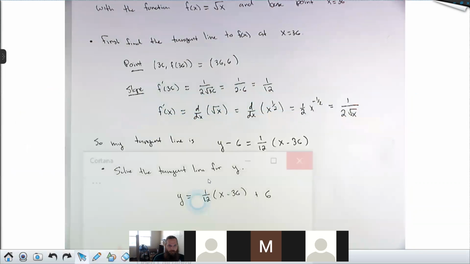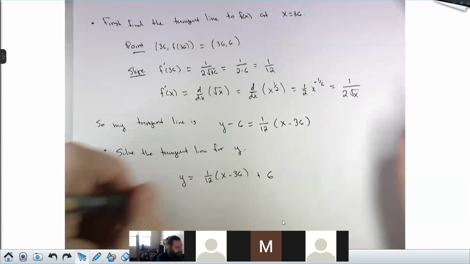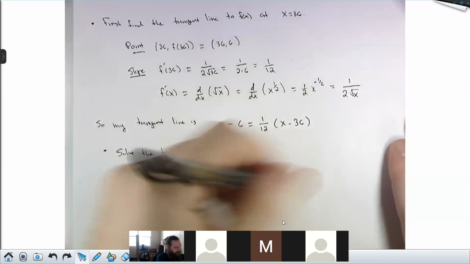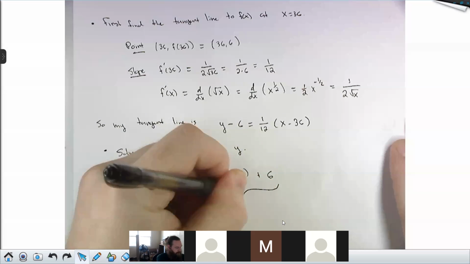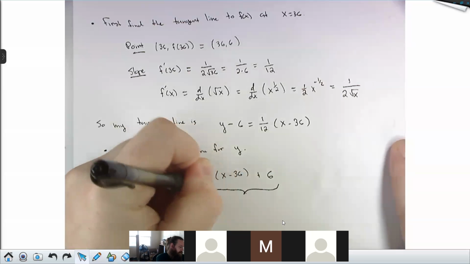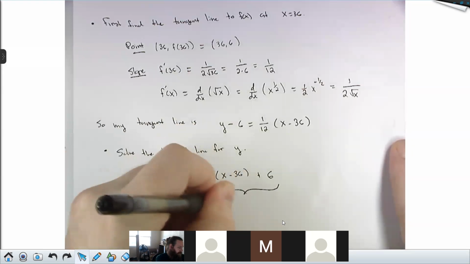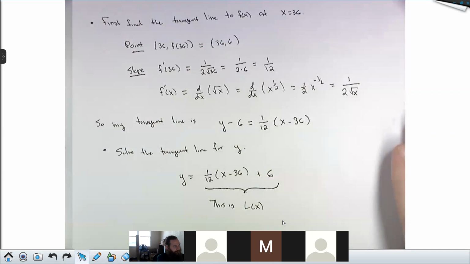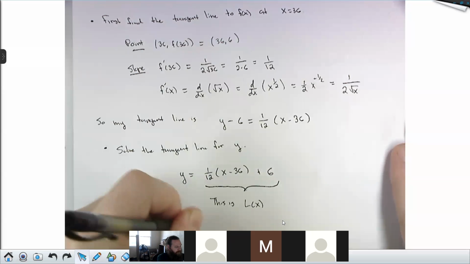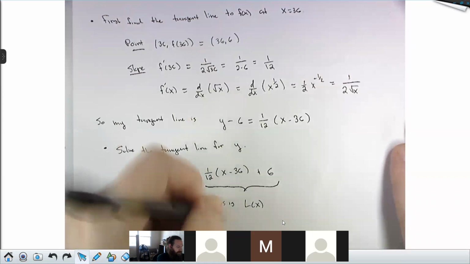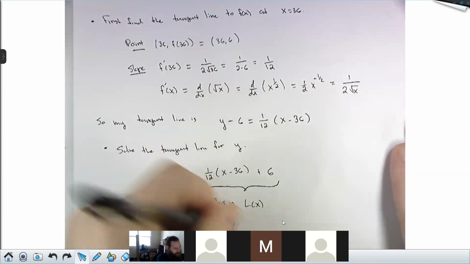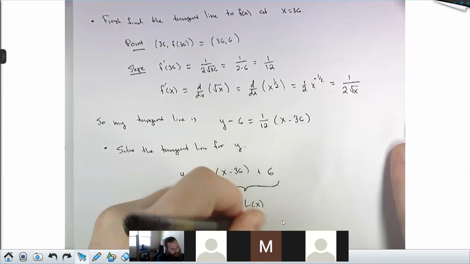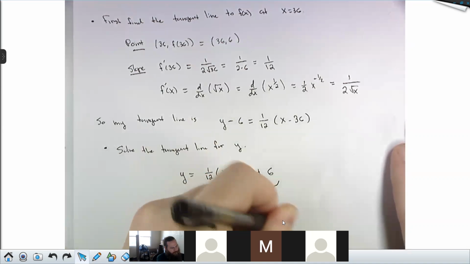So now this thing is my tangent line, and this is what we call L of x. So I would say L of x is 1/12 times x minus 36 plus 6.